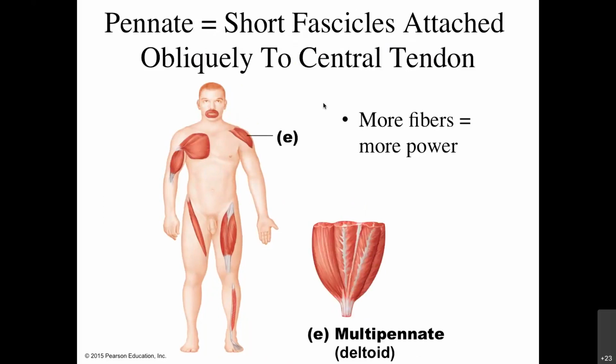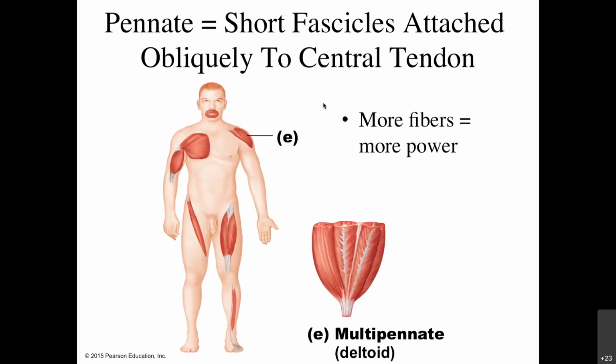Whereas the pinnate shape is going to give us more power. So a multipinnate is when you have multiple fascicles attaching at an angle to a central tendon. So for this, you're going to think of your deltoid. You've got multiple fascicles coming into a central tendon. And this is going to give us a lot of force because, again, each fascicle contains fibers.